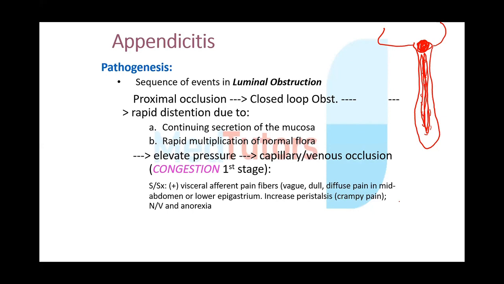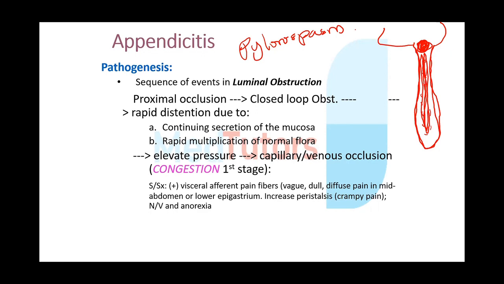When there is stretch of the mucosa in acute appendicitis, there is a reflex pylorospasm. There is a reflex pylorospasm of the stomach. That is the pylorus of the stomach. And when it contracts, the patient empties the gastric contents.